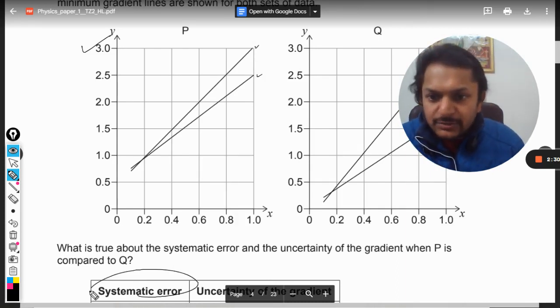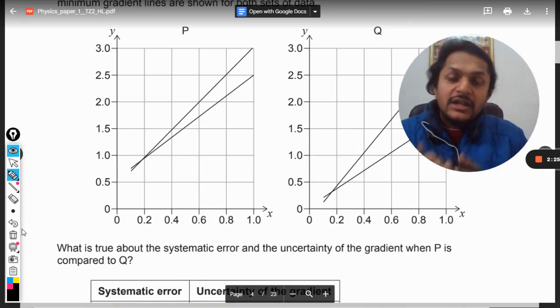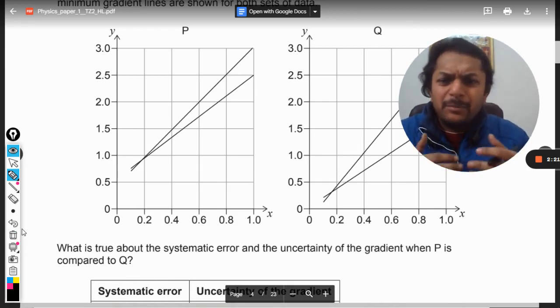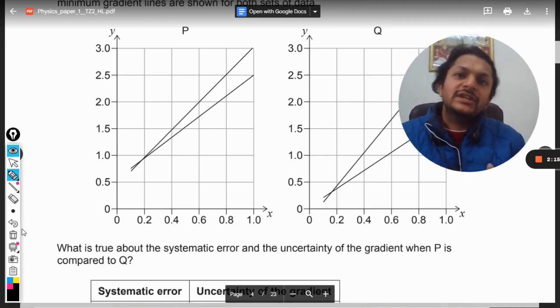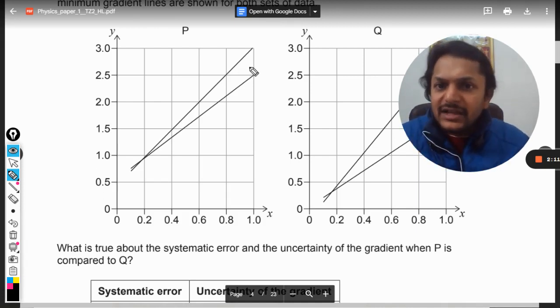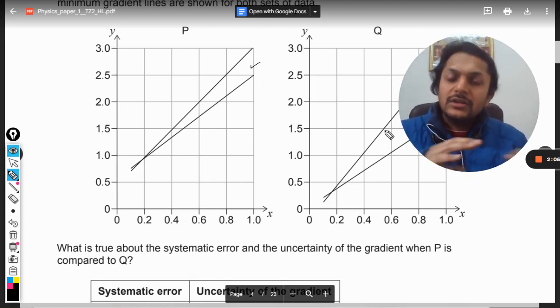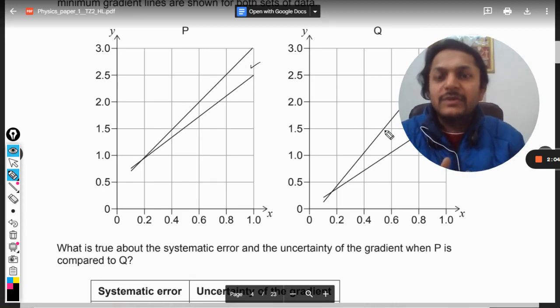Now, the second question is about systematic error. I must tell you what systematic errors are. Systematic errors are defined as the errors which are bound to happen. We know why those things are happening, we can take care of them, and they are limited. So I think the systematic errors will be more in P, and in Q, the random errors will be more.